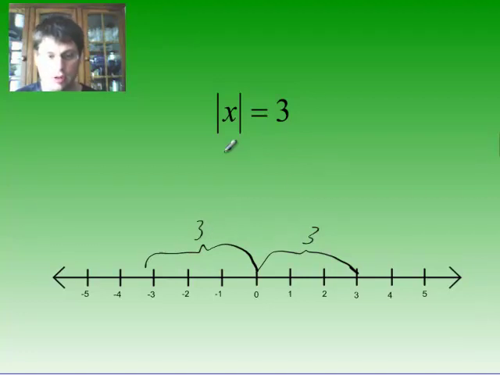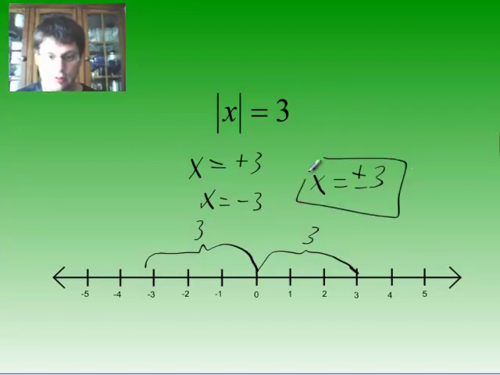So therefore, x could have a value of positive 3, or x could have a value of negative 3. So we can condense that to say x is plus or minus 3.